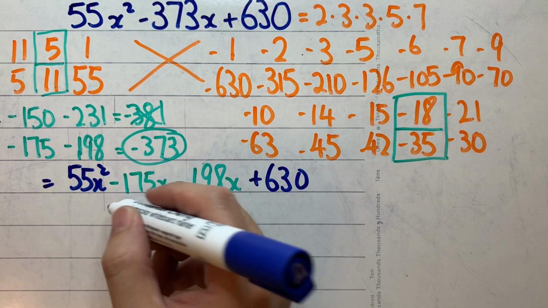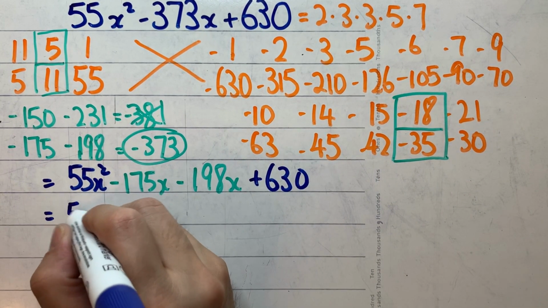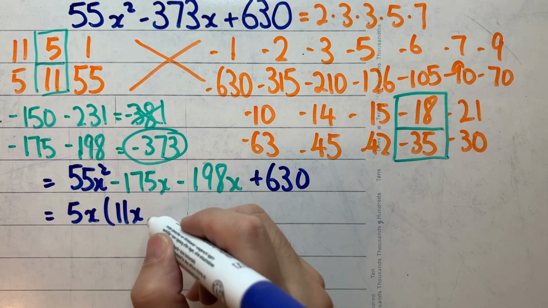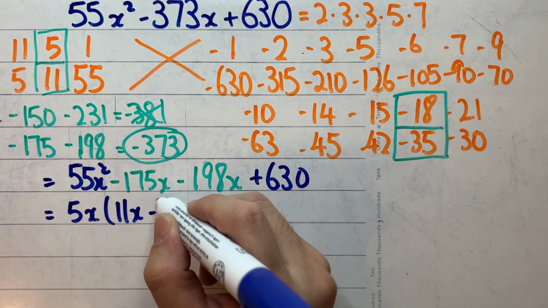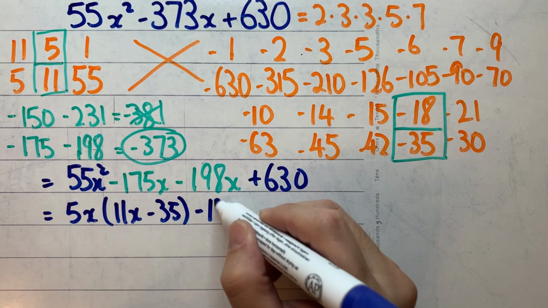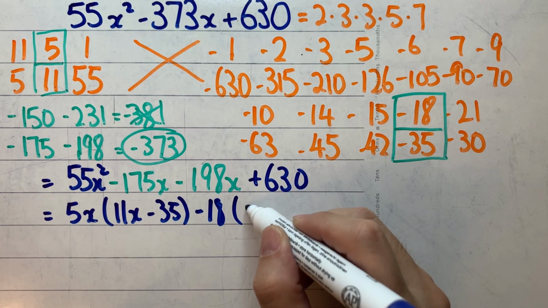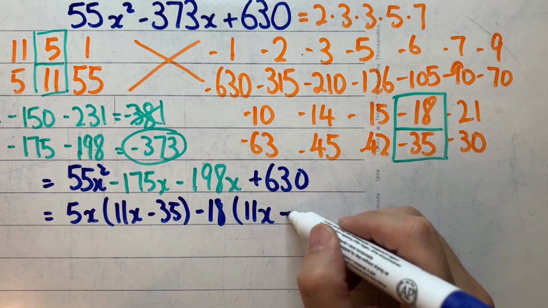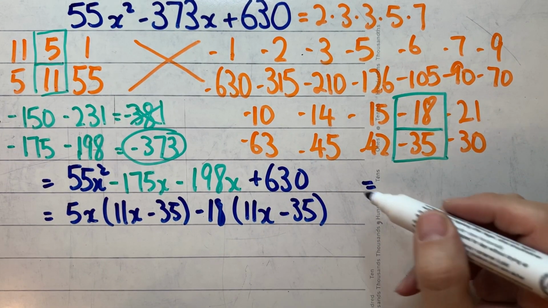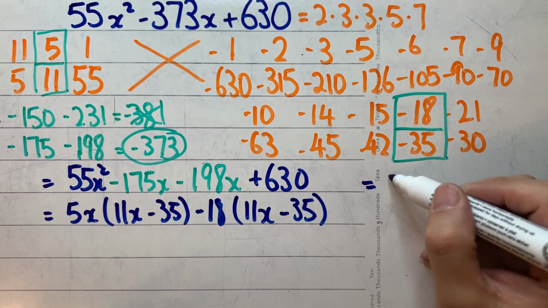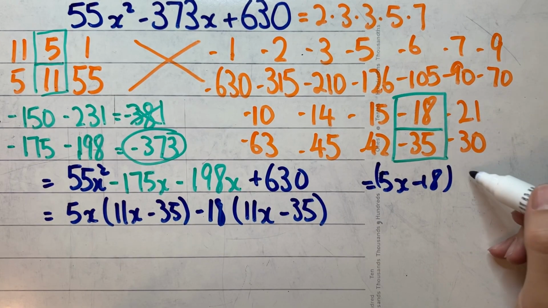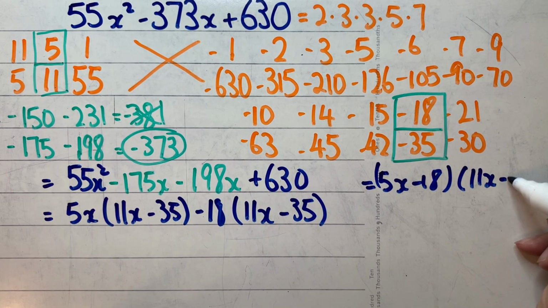Yes, there's only a common factor of 5 here, 5x here, 11x, minus 35. And over here, we need to get 11x, so I need to factor out the negative 18. And then I have 11x, and this would be minus 35. Or we always use the short method. Once we get here, it will be top bracket 5x minus 18, bottom bracket 11x minus 35.